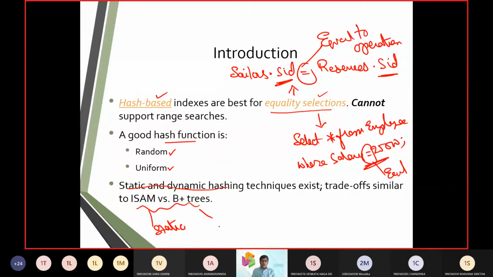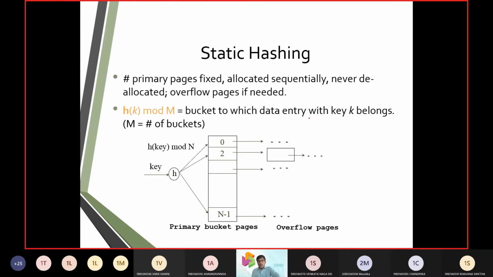The other is B plus tree, which is an example for dynamic, or we can say random. The main point to emphasize is that it works with equality selection, and an equality selection goes with an equal to symbol.